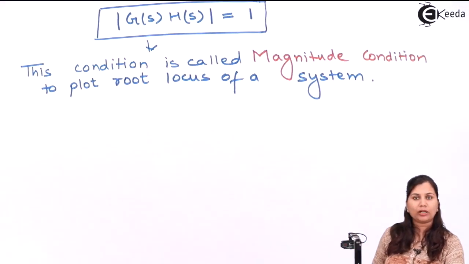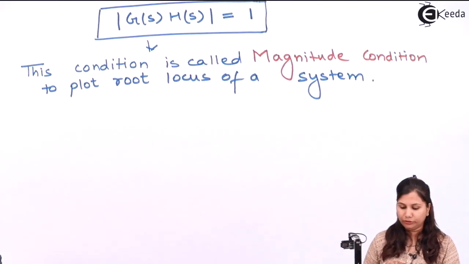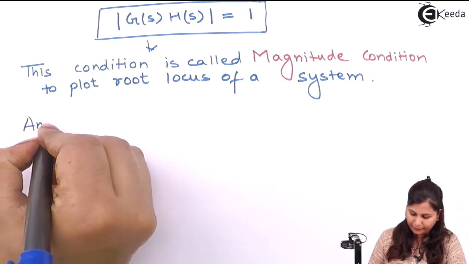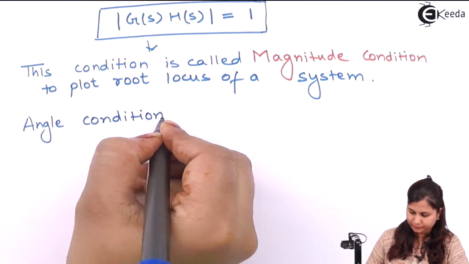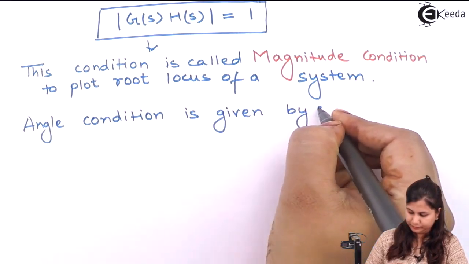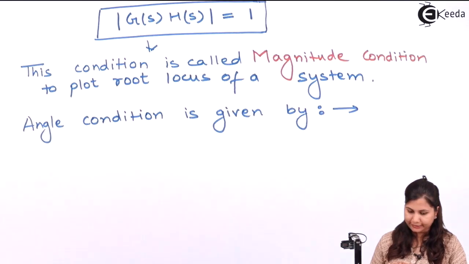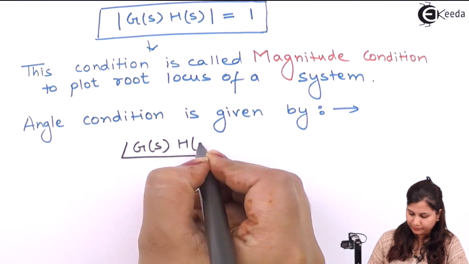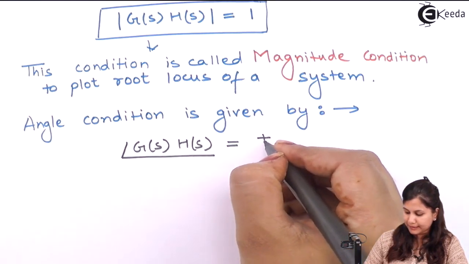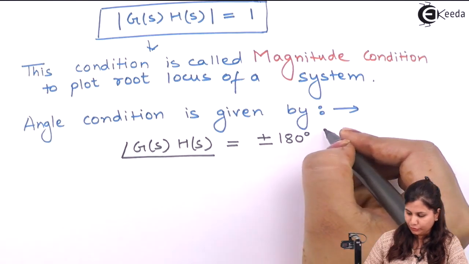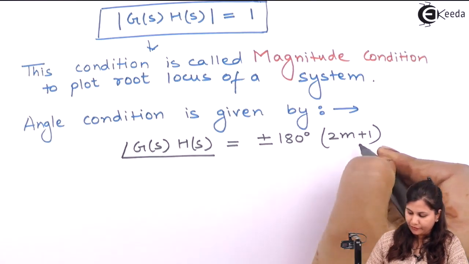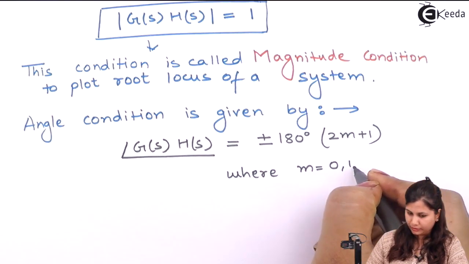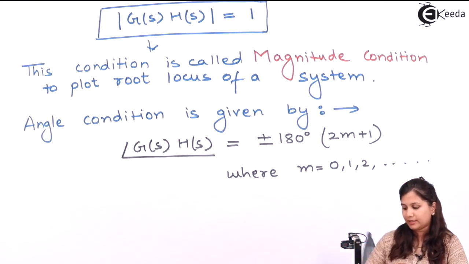Okay. Now let's see what is the angle condition to plot the root locus. Now the angle condition is given by the equation: the angle of this G(s)H(s) should be plus minus 180 degrees times (2m plus 1), where m is 0, 1, 2 and so on.